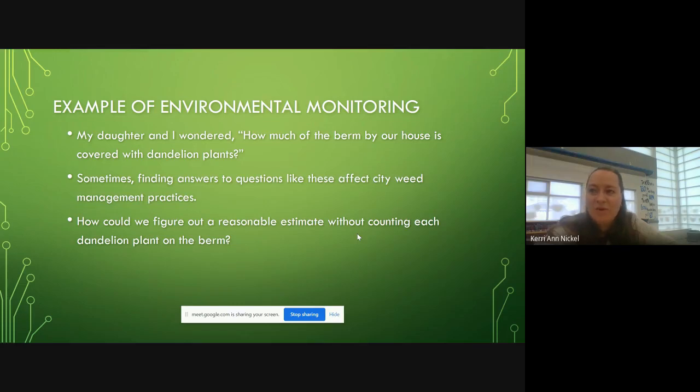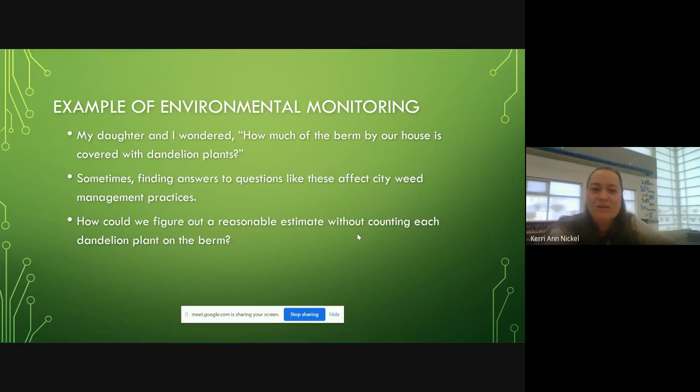So if you have some sampling data saying this percentage of this area is covered by weeds right now, that might bump it up on the priority list for the city looking at controlling weeds in that area. So we asked ourselves, how can we figure out a reasonable estimate without counting each dandelion plant on the berm, but still answer the question, how much of the berm by our house is covered with dandelion plants?